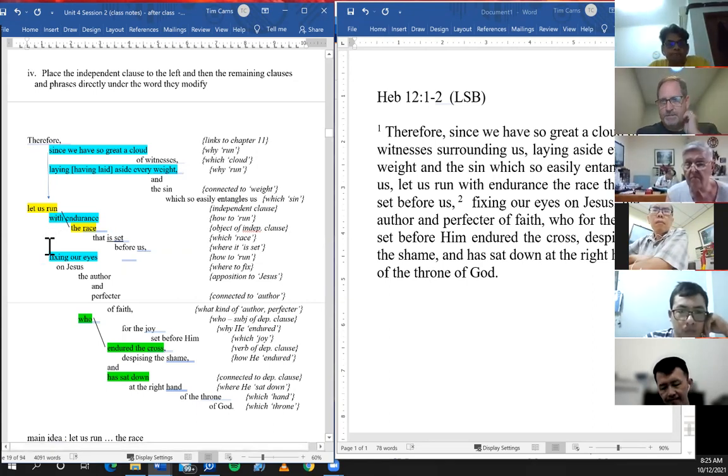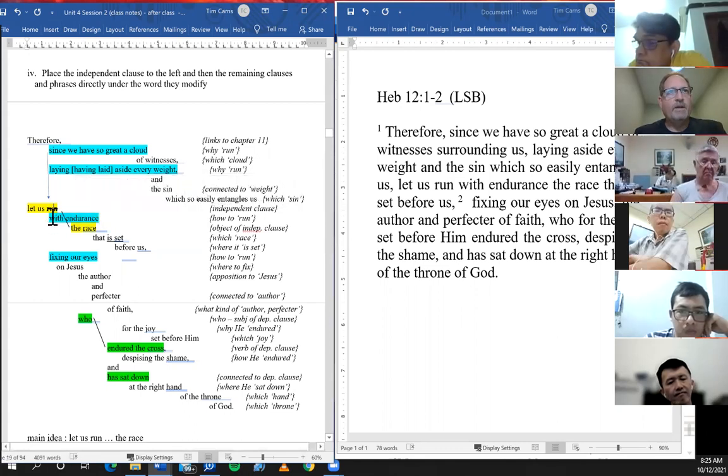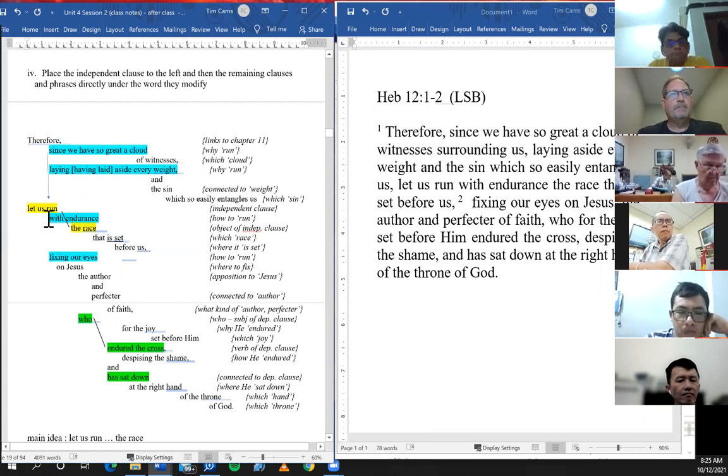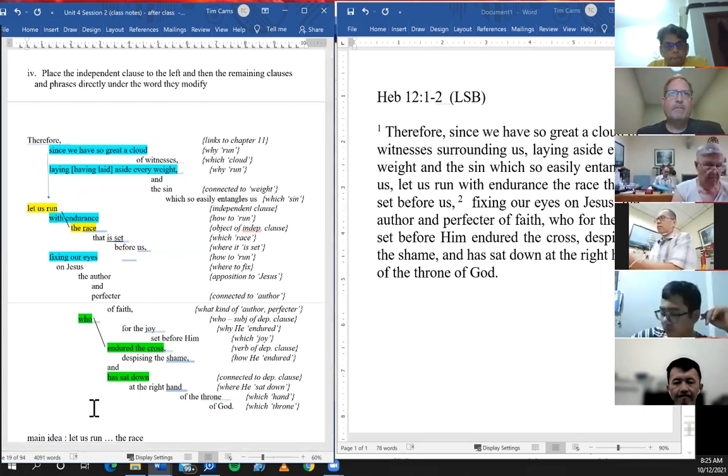Because yeah, that's a good question. With endurance modifies how the race we are to run, but it is kind of a key idea in the passage as well. Any other questions?